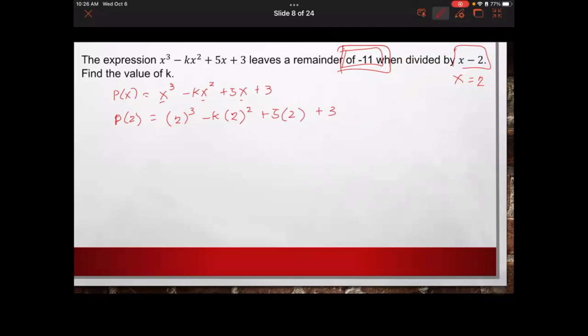So pinalitan natin lahat yung x ng value which is 2. Yan, yung x is equal to 2.